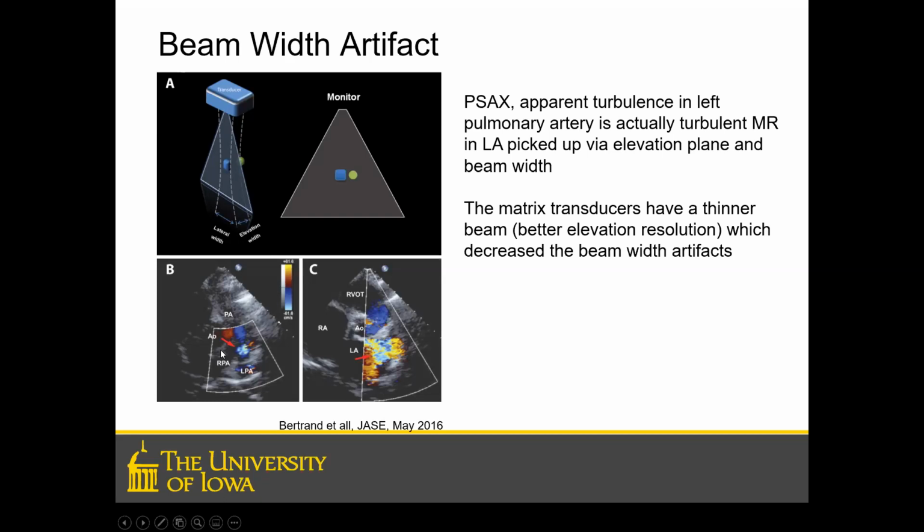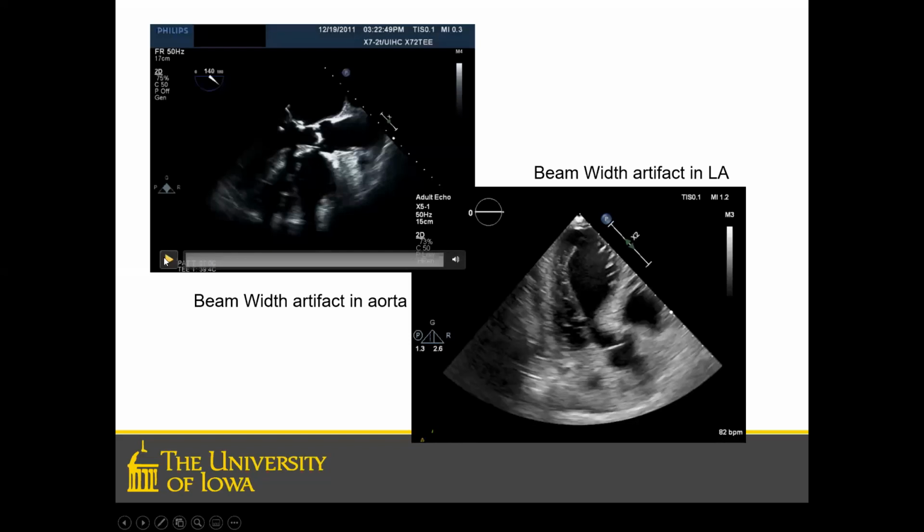This is one example. I don't know if it's the greatest, but this is a short axis with the PA coming and bifurcating. And it's looking like there's turbulence in the left pulmonary artery. But actually that's turbulence in their LA that's being picked up and displayed as if it's in the pulmonary artery. This is maybe a better one on this TEE. This is the slice thickness artifact coming into the aorta.